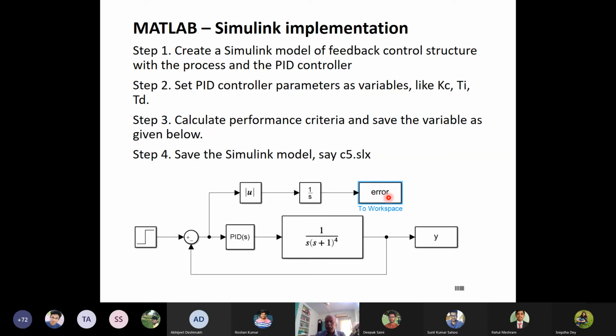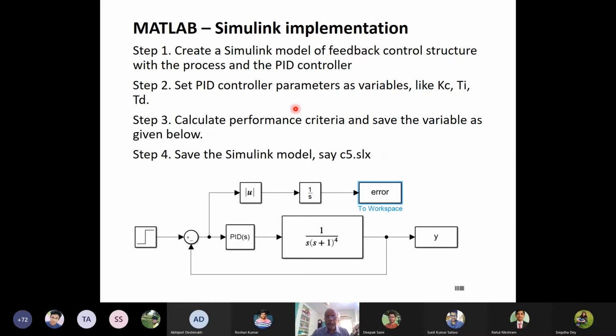So the error value is saved in the workspace, as well as the output response. And before saving, I run this Simulink model, putting some specific values of Kc, tau I and tau d to find out the normal time required to settle. Accordingly, I put the total simulation time.